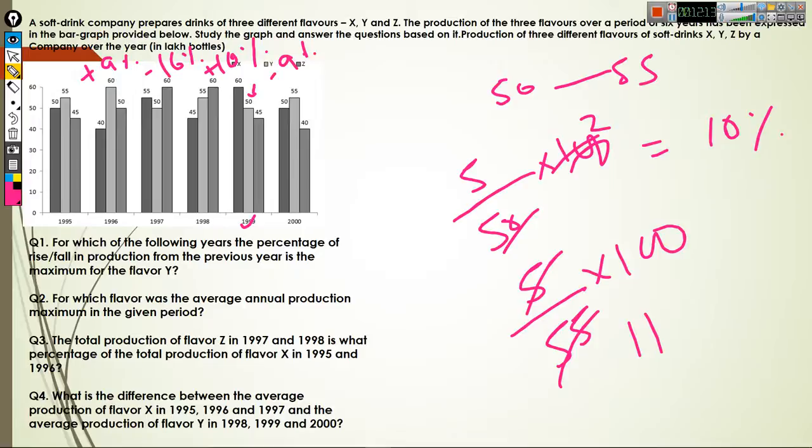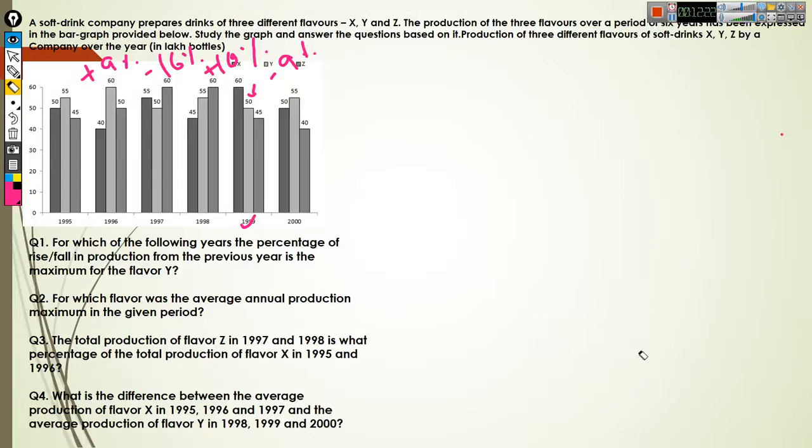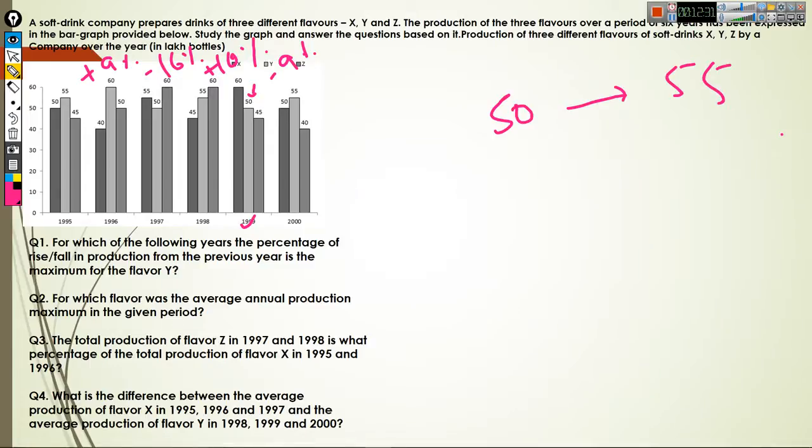And from 1999 to 2000, again see, if you look at the graph, the production of Y in 1999 was 50, and in 2000 the production was 55. It means a rise of 5 units.